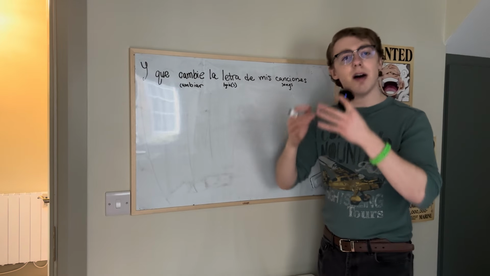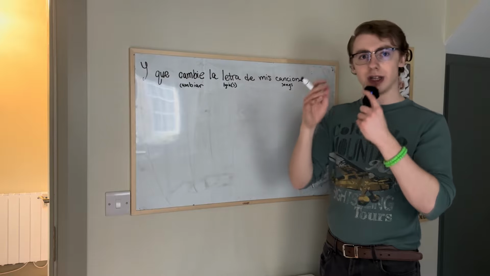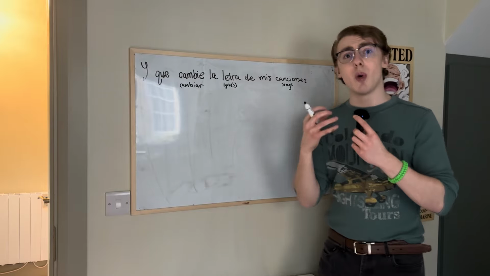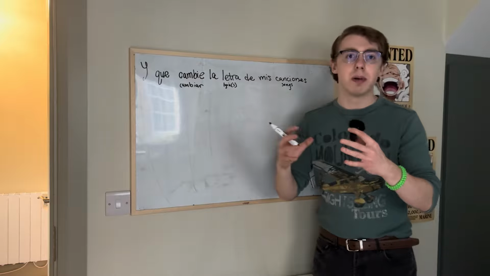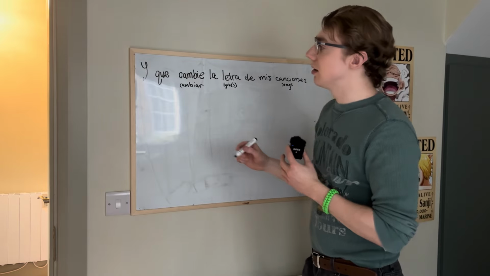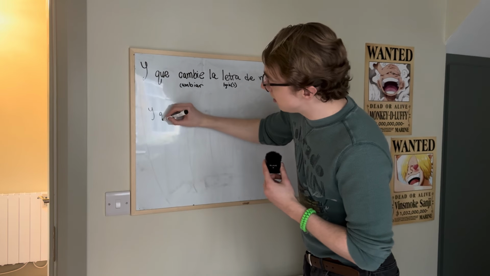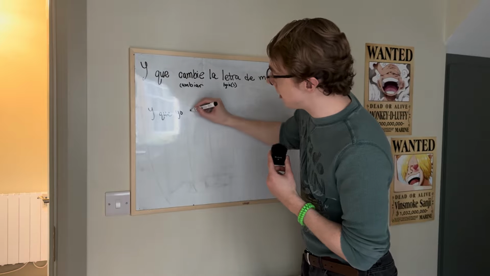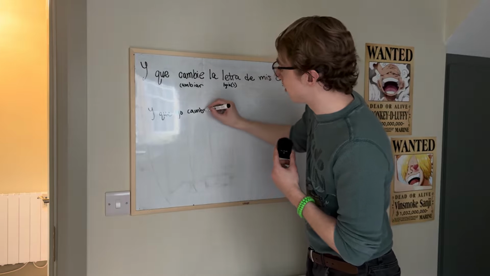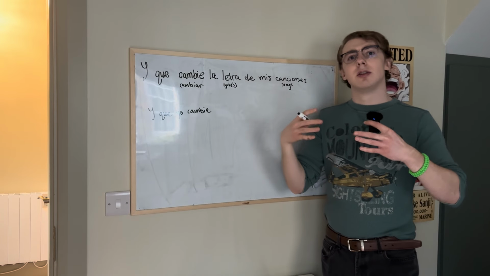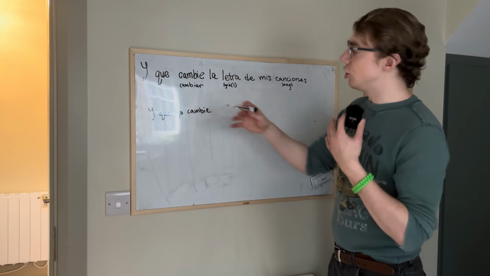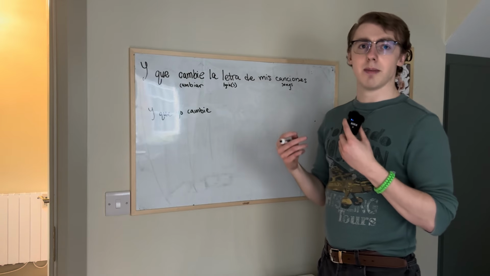That's a description of an action. I change the lyrics of my songs. But this is a request, right? This action would be contained within a hope, okay? So it's y and que that yo cambie la letra de mis canciones. And she's asking me to change the lyrics of my songs.